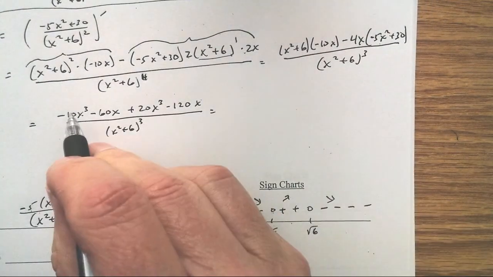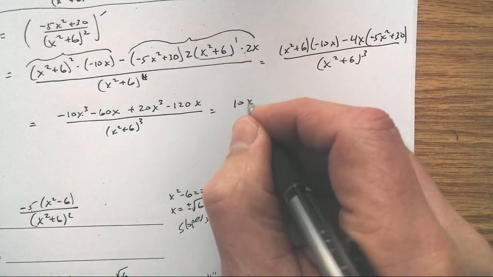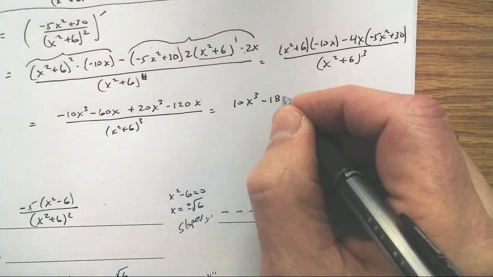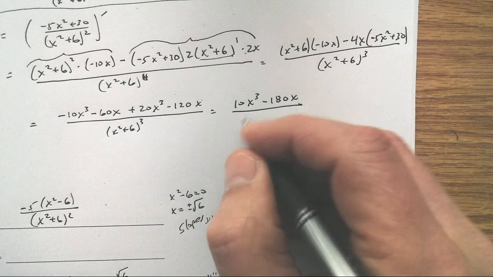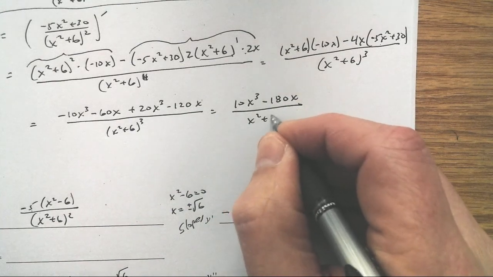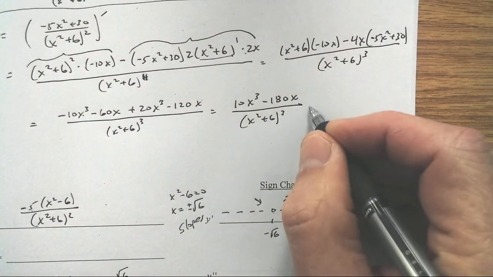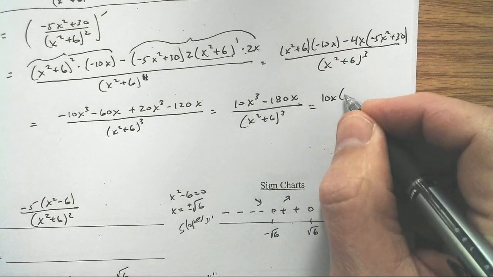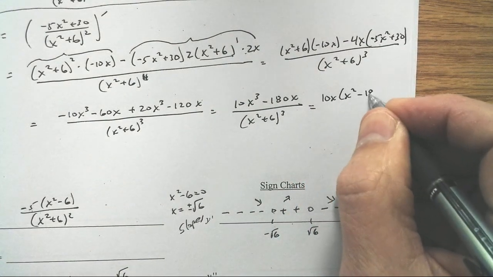Let's see, combine my x cubes, 10x cubed, combine my x's, minus 180x, all on x squared plus 6 cubed. I think I'll factor a 10x out now, and I get an x squared minus 18.